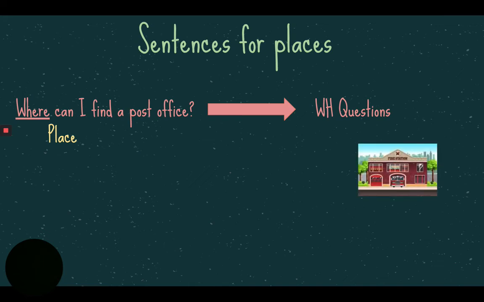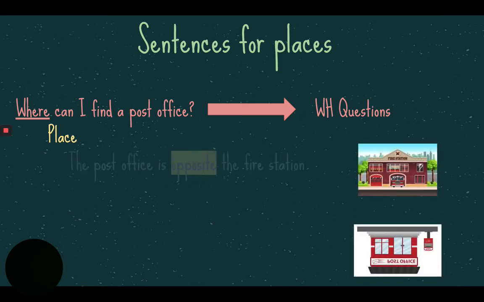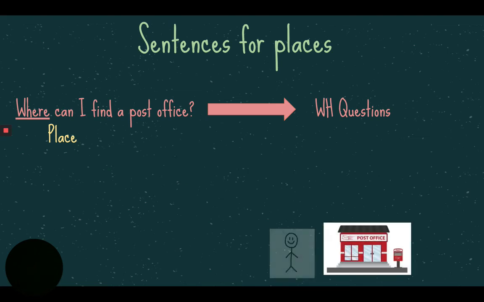Another type, here we have, the post office is opposite the fire station. Opposite means 對面. Here we have, let's say that's you next to a post office.